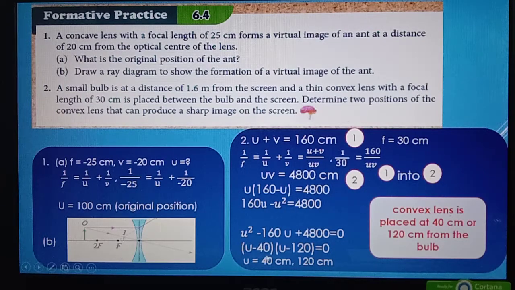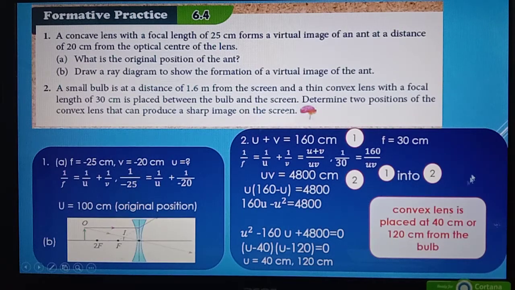And then you factorize that quadratic equation. So you get u equals 40 cm and 120 cm. Meaning the convex lens is placed either at 40 cm or 120 cm from the bulb in order to produce a sharp image on the screen, because when a sharp image is produced on the screen, the image is real. So we get this answer, two positions which can produce a sharp image on the screen.